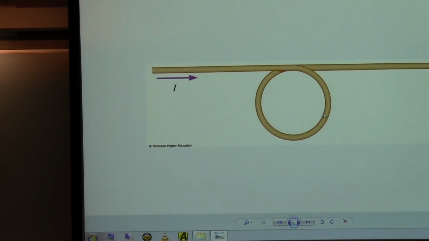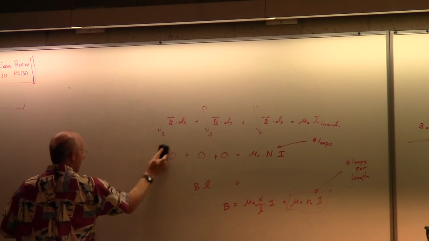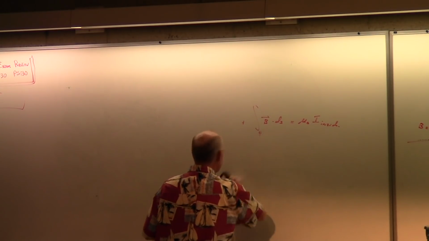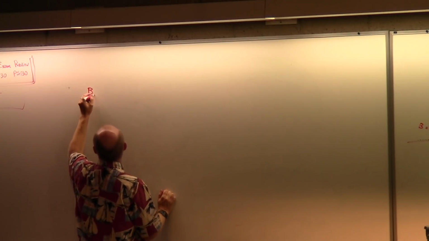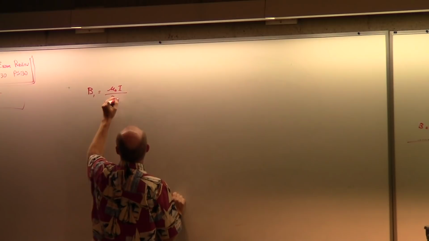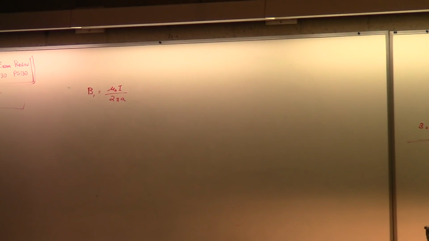So I will call this field number 1. Not worrying about the loop for a moment, but just the long straight wire. Let me call that field number 1. We started this whole unit, or today, with an equation for a long straight wire.